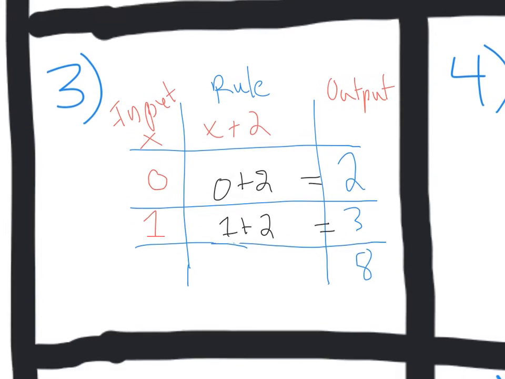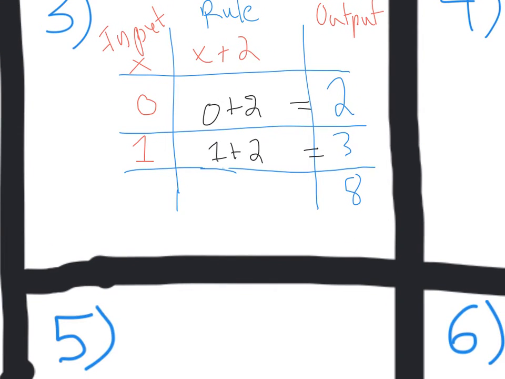Okay, looking down at the next one. So what number x plus 2? X is our variable, it's our unknown, we're trying to solve it. And what number plus 2 equals 8? If you guys remember, we can subtract from both sides of the equation, and you get x equals 6.